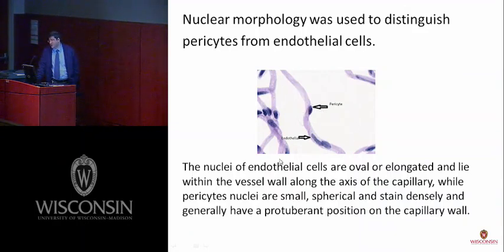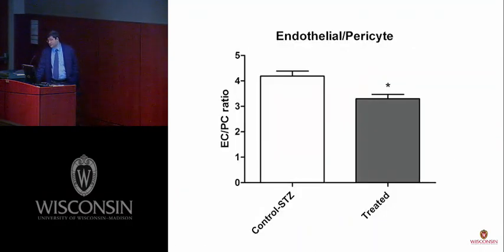So in the 4 quadrants of the retinal section, in the middle part of the retina, we count the endothelial to pericyte ratio, and the earliest sign of retinopathy is pericyte loss. So an increase of the ratio is due to the diabetic insult. And in our model, we see protection of the pericytes in the treated group compared to the control group.